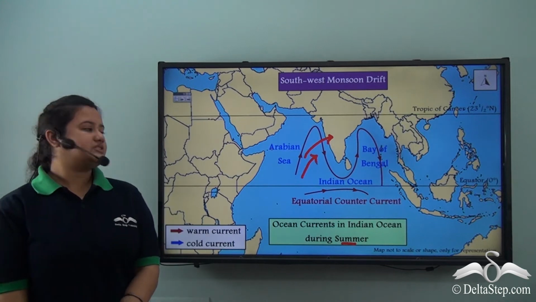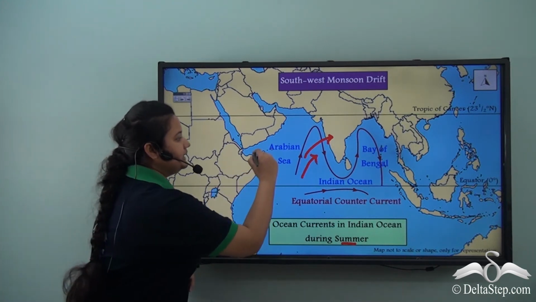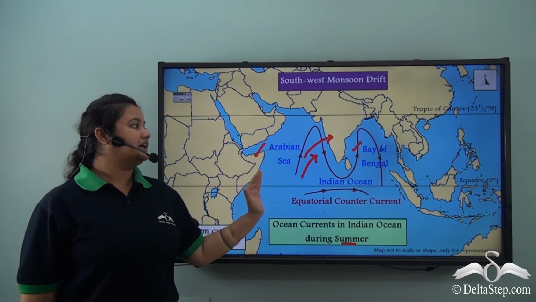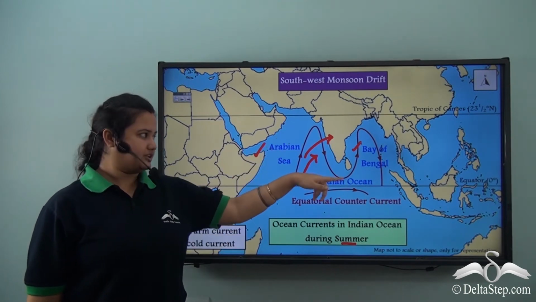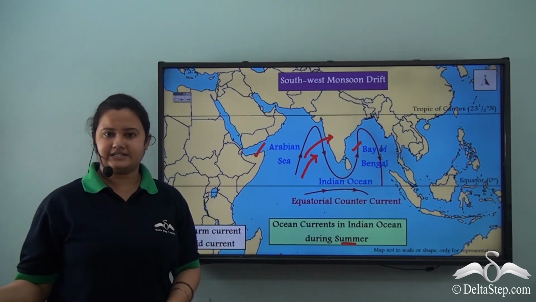Now, you see that these ocean currents have two branches, the Arabian Sea branch and the Bay of Bengal branch. In both the branches, the ocean currents travel from southwest direction.